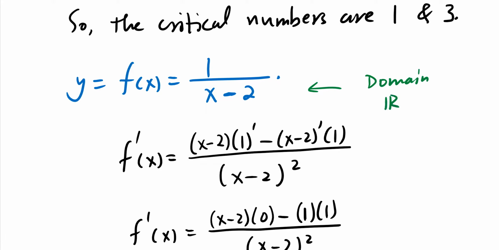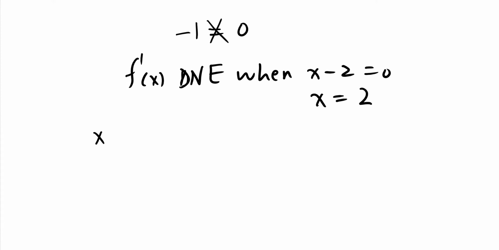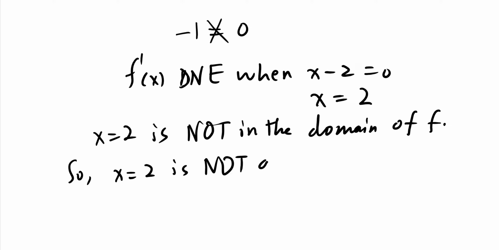It's all real numbers except what makes the denominator 0, except 2. So 2 is not in the domain of f. So x equals 2 is not a critical number. So what happened to this function? This function has no critical numbers.